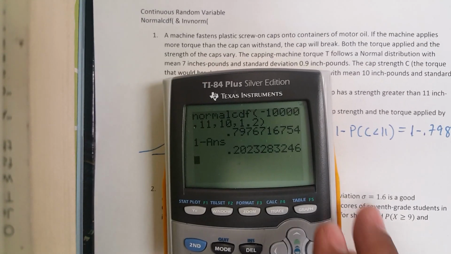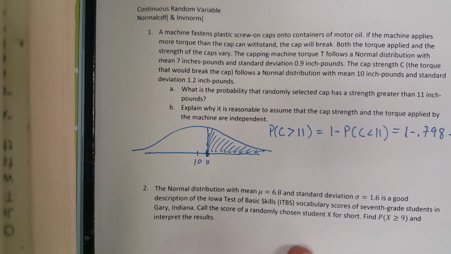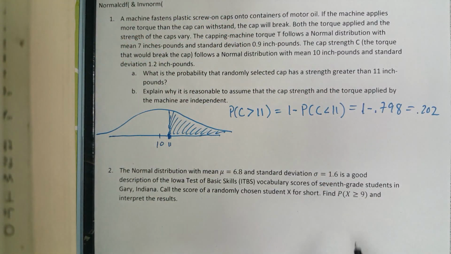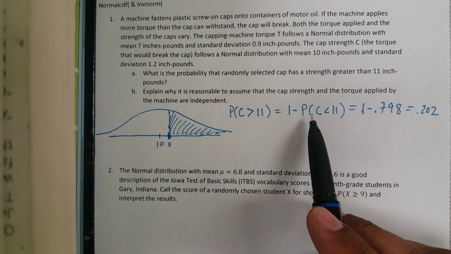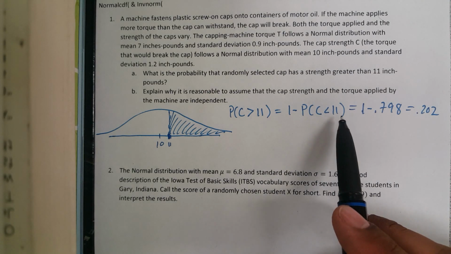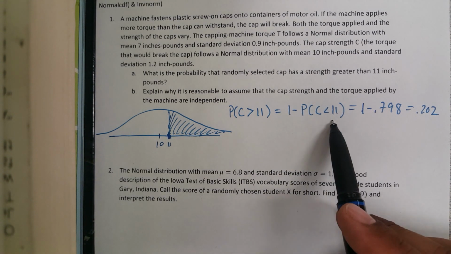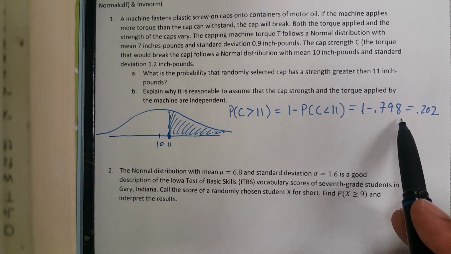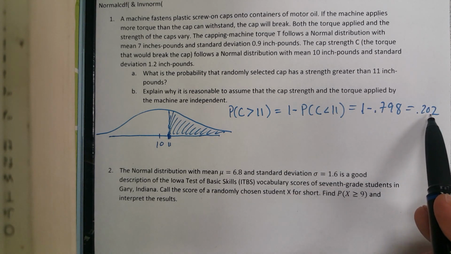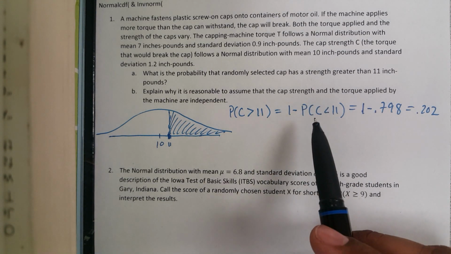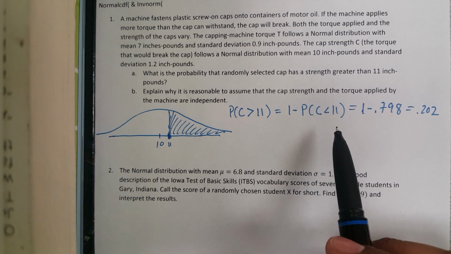So here I wrote 1 minus P, the probability of C less than 11, and from the calculator I got 0.798. Subtract that from 1, you get 0.202. So that's the probability that your strength is going to be greater than 11 inch-pounds.